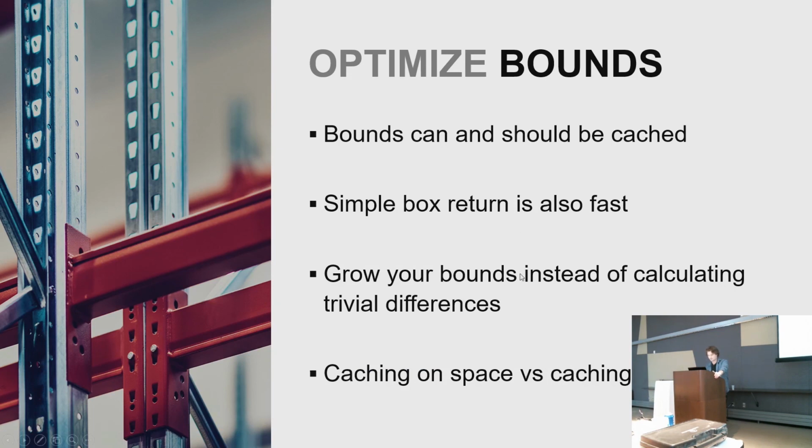Oh, this is worth mentioning: growing your bounds instead of calculating trivial differences. If you are checking to see if your bound is 10 inches or 12 inches using ifs, just get 12 inches and modify your user local bound. There's really no reason.